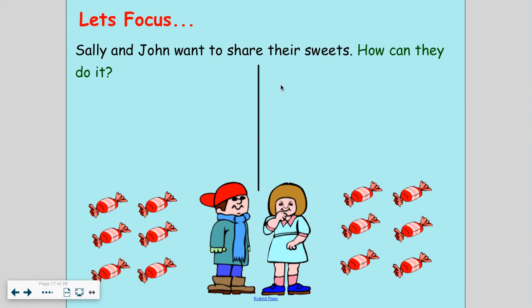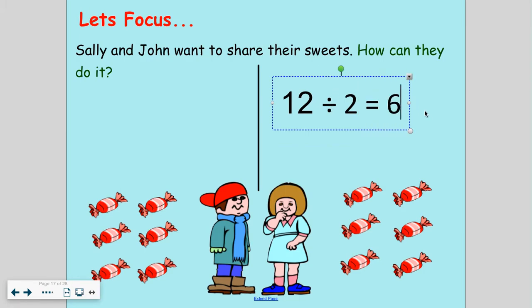We can record this as a number sentence. We can say that 12 divided by 2, that means 12 shared by 2 people, gives us 6 sweets each. Yesterday, this meant grouped into a certain amount.